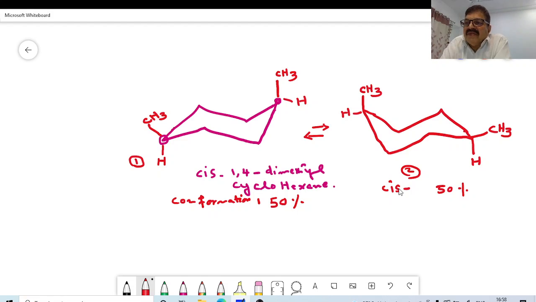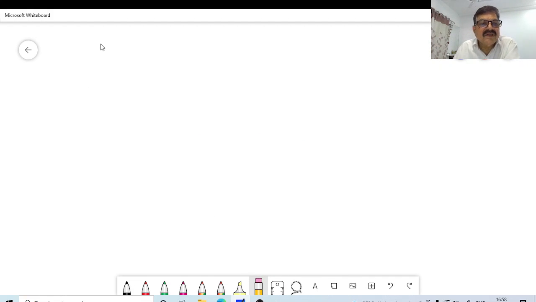That means one methyl group can be equatorial on an up bond and one group can be axial on a down bond. Now on ring flipping, you again add the substituents. I will write it here for you: 1,3-dimethyl cyclohexane. There will be cis and trans there also.